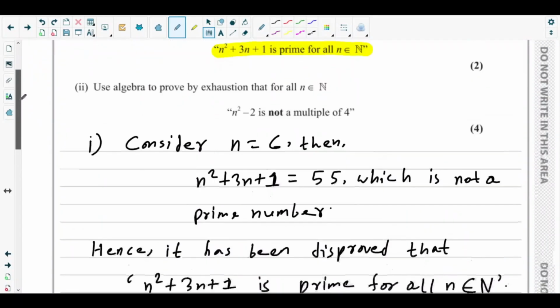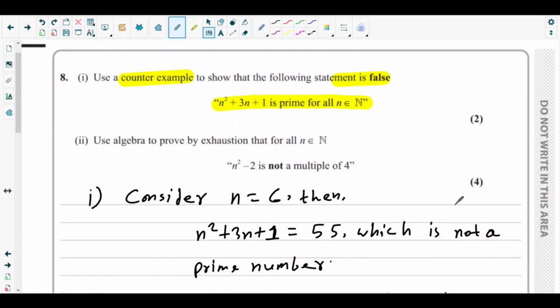It has been disproved. That's it. Proved by counterexample.